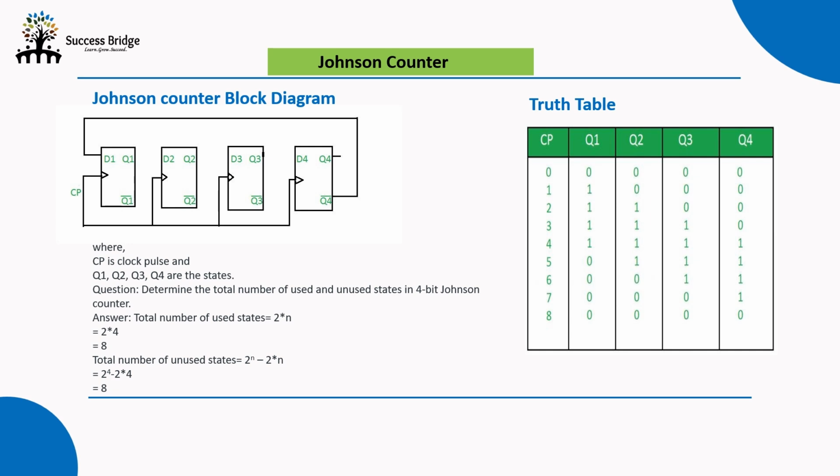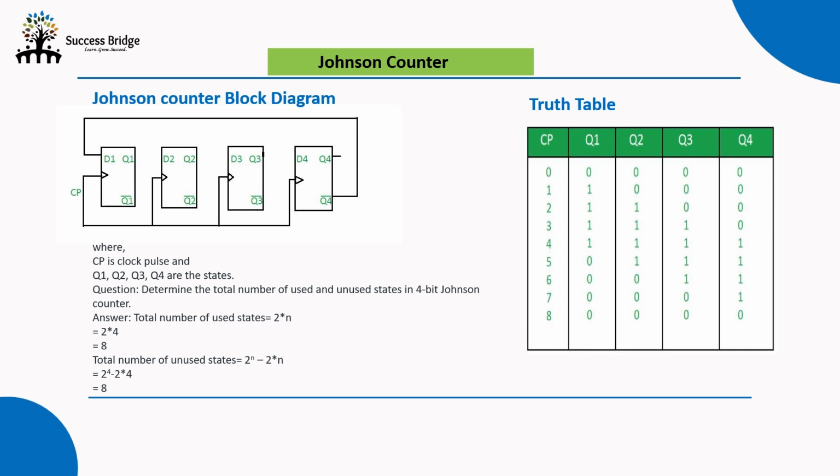Then Q4 is 1, and its complement is 0, so 0 is passed to Q1. The previous value held in Q1, which is 1, is shifted to Q2.